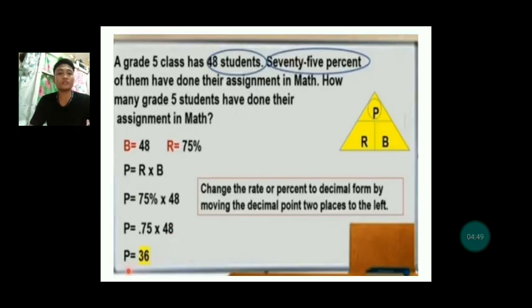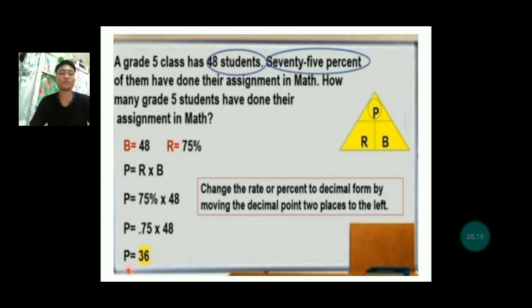So, next, a grade 5 class has 48 students and 75% of them have done their assignment in math. How many grade 5 students have done their assignment in math? What are we looking for here? The percentage. B is 48, because there are 48 students, and R is 75%.